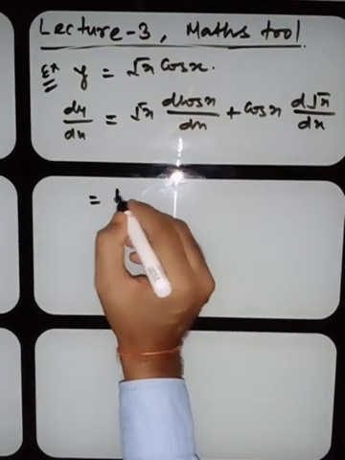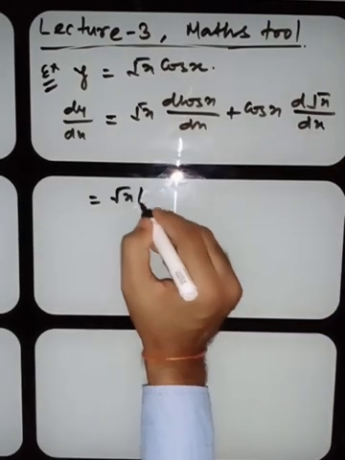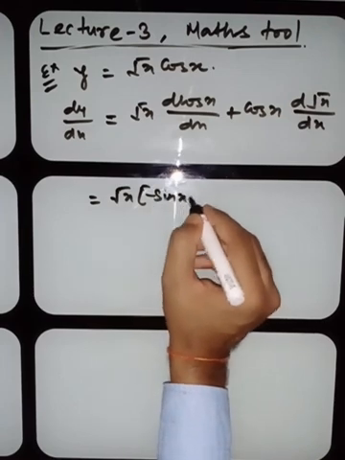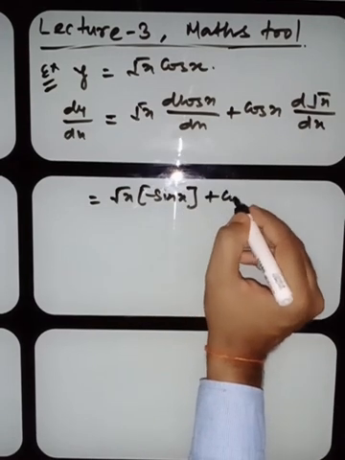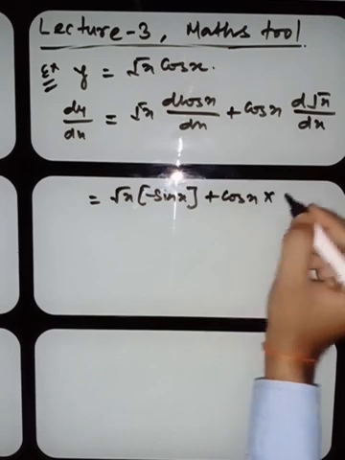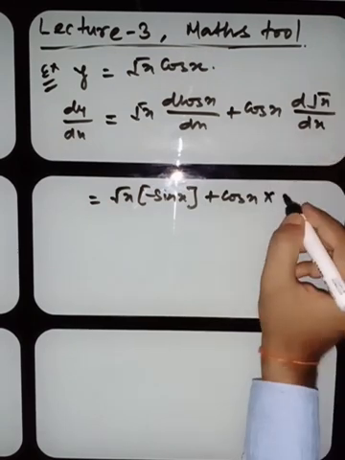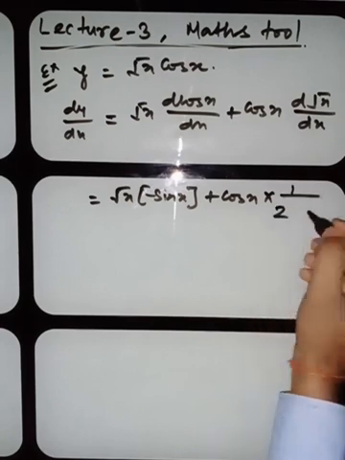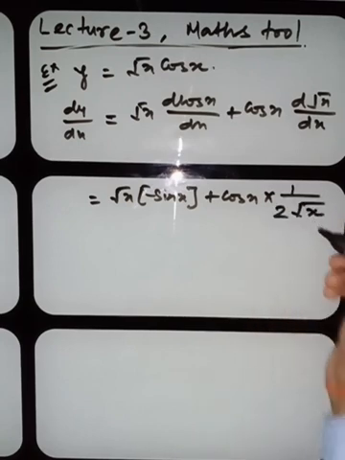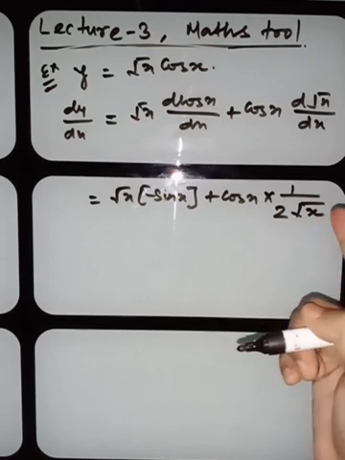Now for cos x it will be minus sin x, the definition of cos x, plus cos x, and try to remember this root x as a formula, always remember root x, it is 1 by 2 root x. Directly I am writing the derivative of root x.